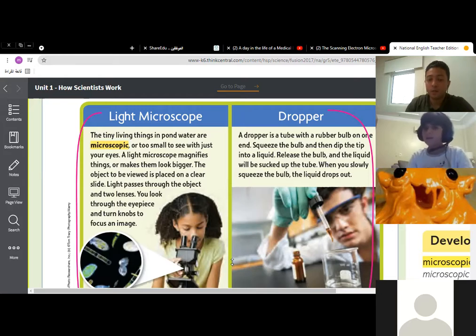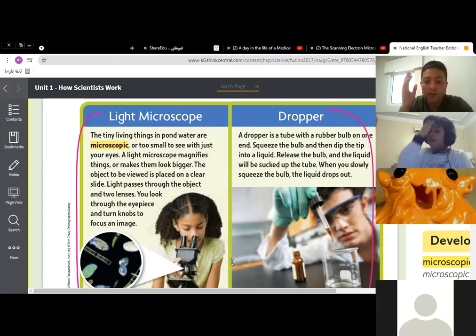Have you seen a microscope before? No. Even if you have, do you know the shape of the light microscope? I see, teacher. Boys, please open your camera. Thank you, Amjad, for opening your camera.